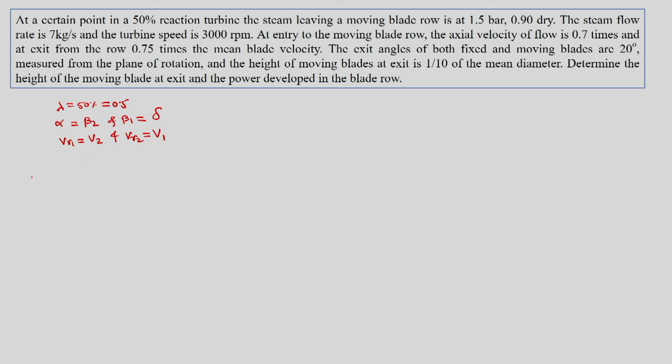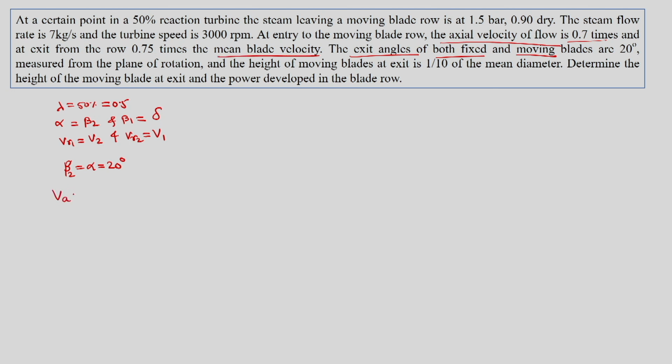Further, we are told that the exit angles of both fixed and moving blades are 20 degrees, which means beta 2 is equal to alpha is equal to 20 degrees. We can also make use of the fact that the axial velocity of the flow is 0.7 times the mean blade velocity.